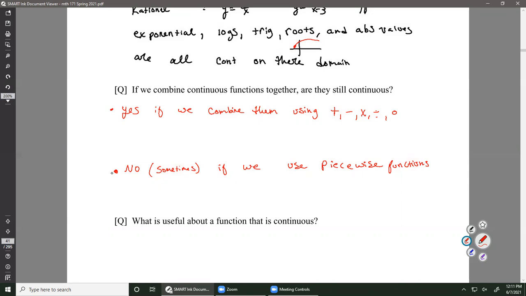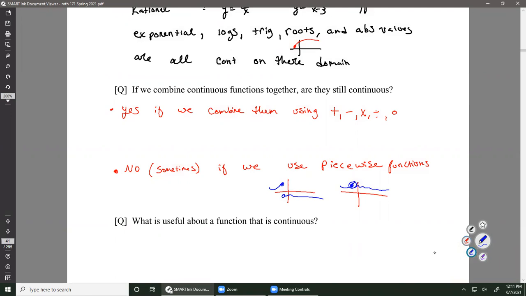So if we use a piecewise function, piecewise functions typically look like something like that. You have that jump there. However, if I was to take a piecewise function and it closes here and then starts here and goes, it's still continuous on its domain.